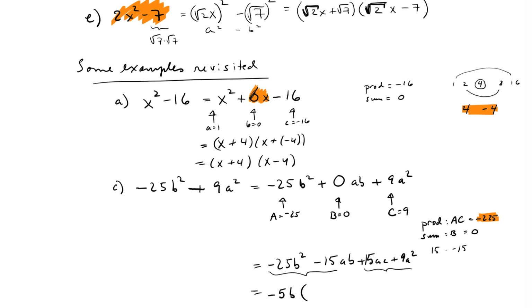I've got a b that I can take out, so I get 5b minus 3a. And over here, I've got 15 and 9, two multiples of 3, and I can take out an a, so I got 5b plus 3a.